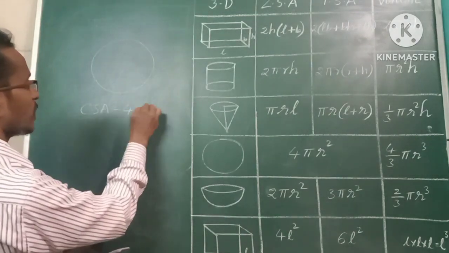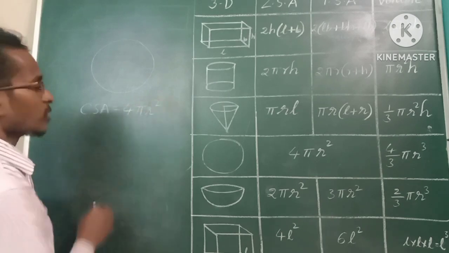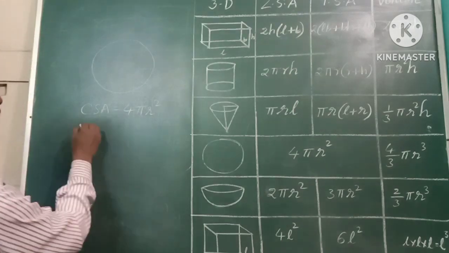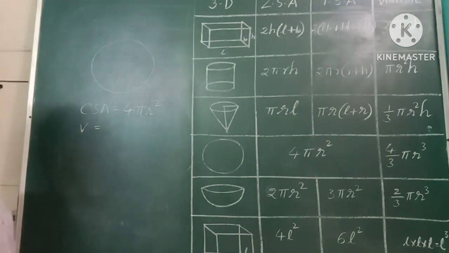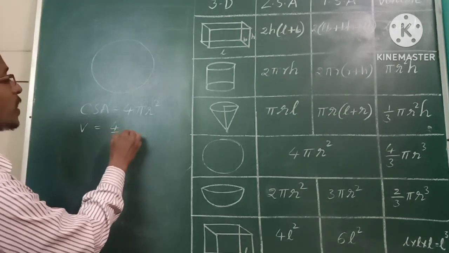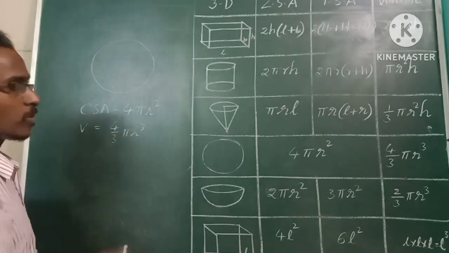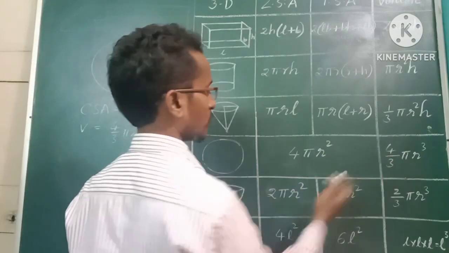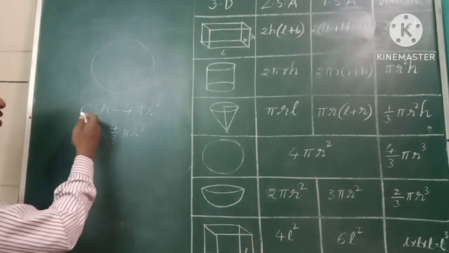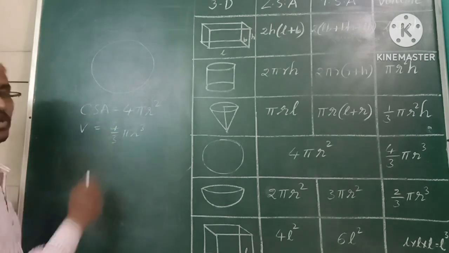So 4 pi r square. CSA of a sphere is 4 pi r square. Now what is the volume of a sphere? 4 by 3 pi r cube is the volume of a sphere, and CSA of a sphere is 4 pi r square.